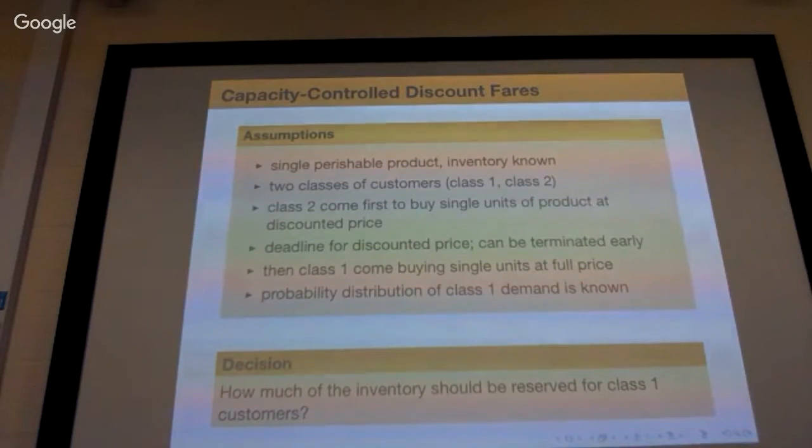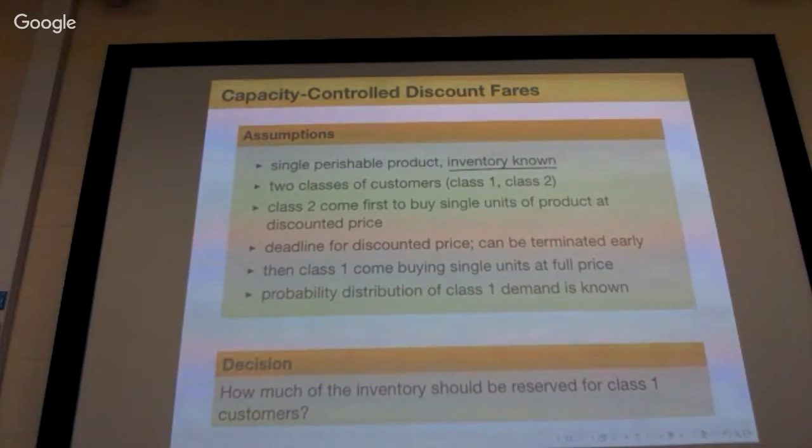Okay. So now look at the thing that we're doing today. These are the assumptions. The first one is, okay, you have inventory known. That means you know how many you're willing to sell.